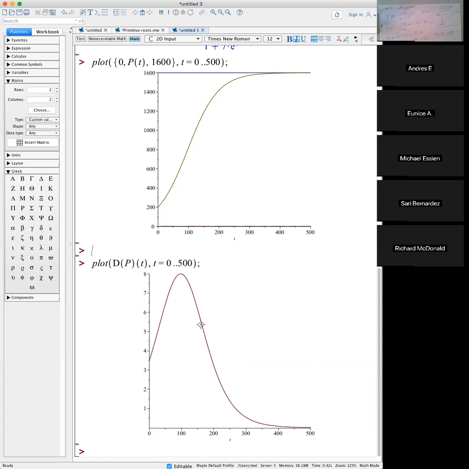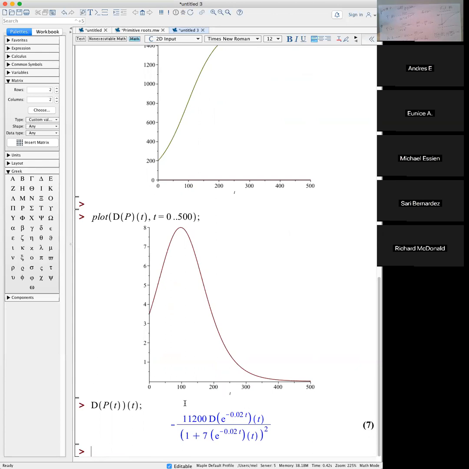What's the maximum value, the fastest that it's growing? So remember, d of p of t, oops. Sorry, that's my d of p of t. That is the derivative.